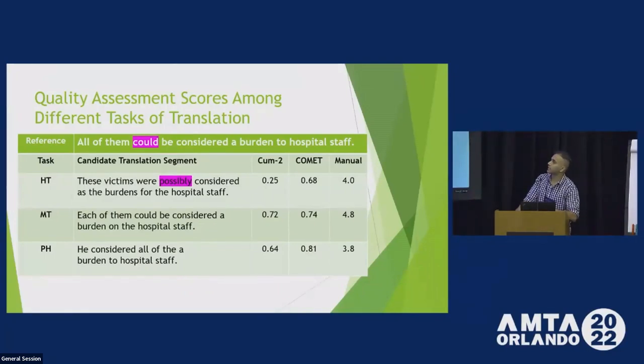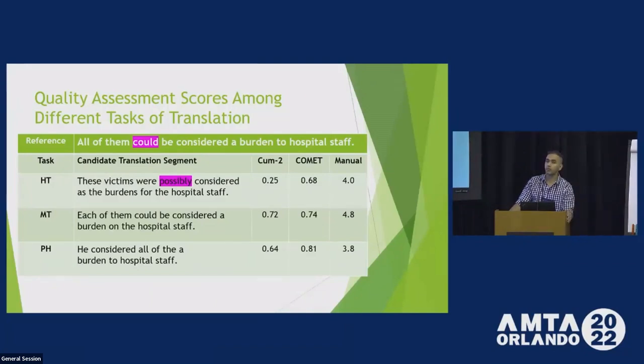As you can see here in the example, for the human back translation task, BLEU-2 scores relatively lower than the average BLEU-2 score with this particular task, and unlike COMET and the manual gold standard. We attribute this to the sentence being longer and having fewer exact matches.